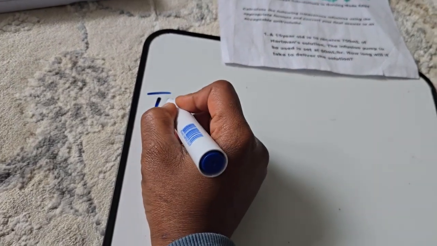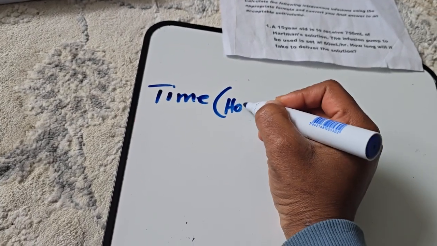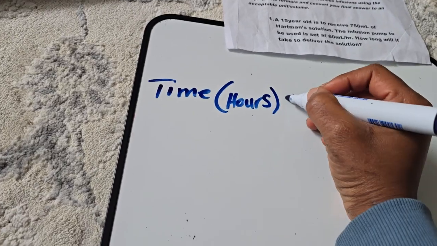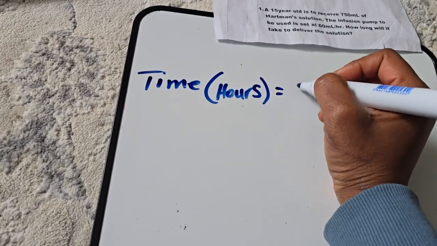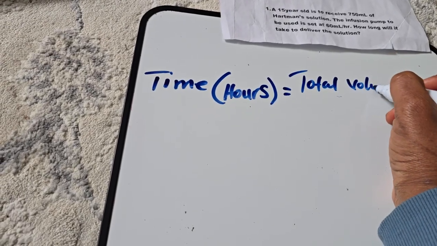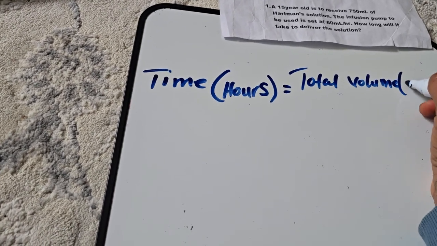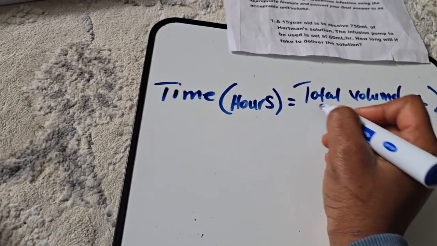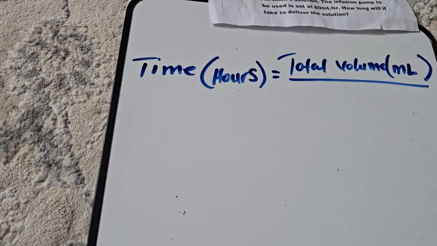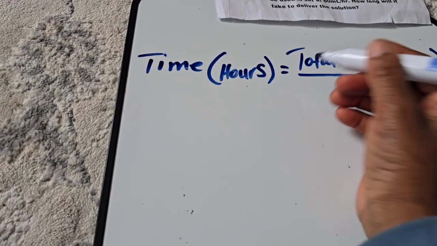So we all know that we will use the time, stroke hour, and then we do our total volume, which will come in ml, and then we are obviously going to divide that by the infusion rate, isn't it?